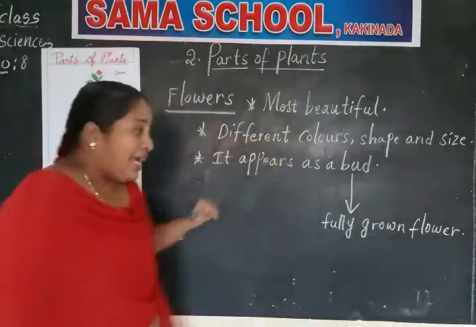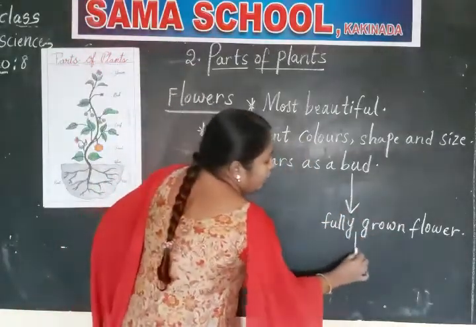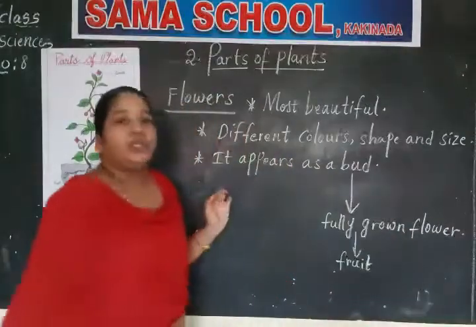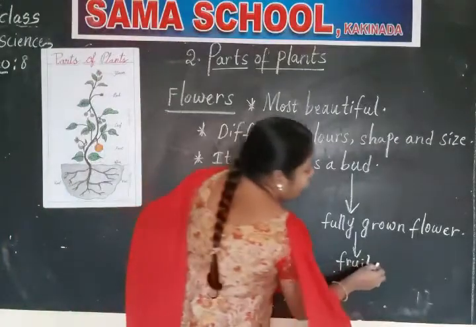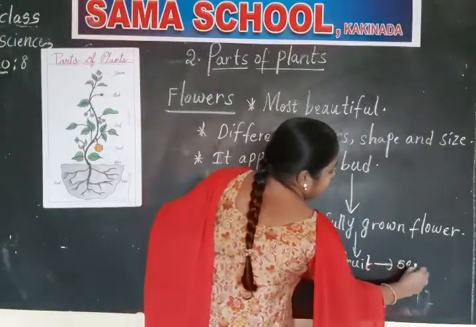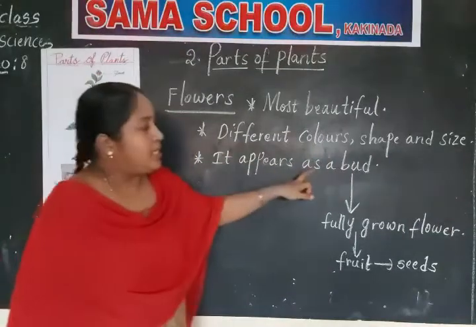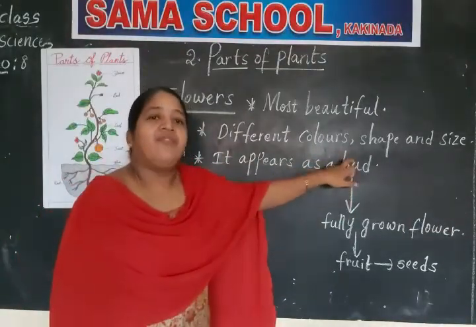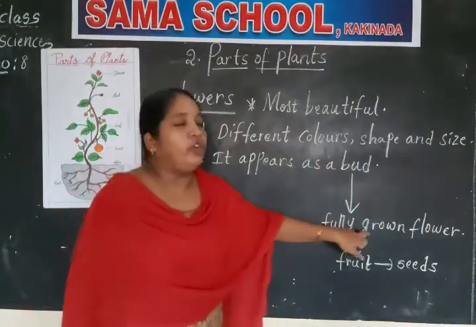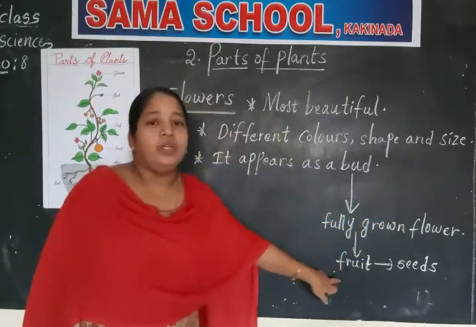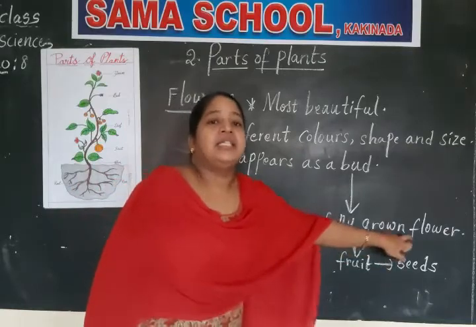And this flower changes into fruit, and fruit contains seeds. Clear, children? First it appears as a bud, from the bud it changes into a fully grown flower, this flower changes into fruit, and this fruit contains seeds.